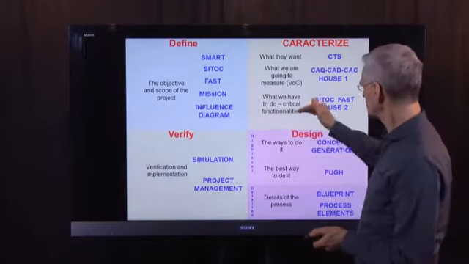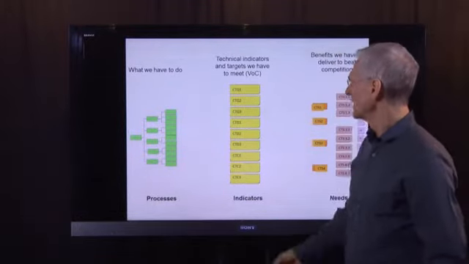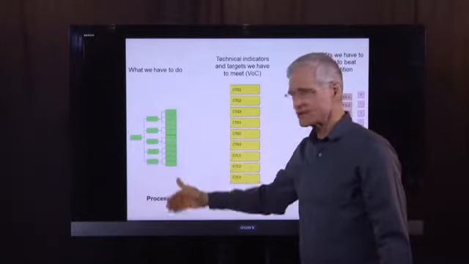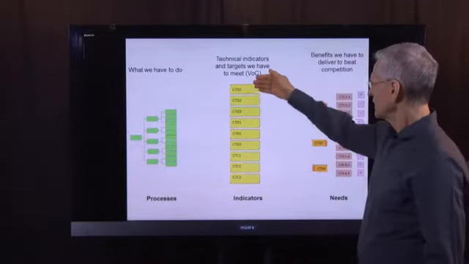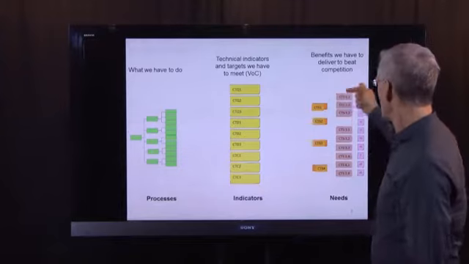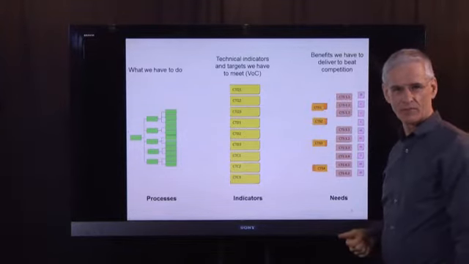So let's start here with, again, two examples. You will recall the FAST technique, which generates all the processes, the metrics, and the customer needs, or CTSs, critical to satisfaction.